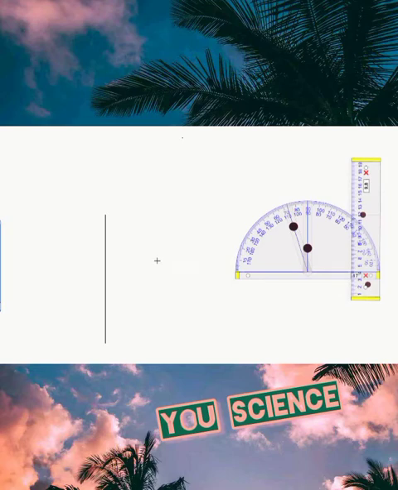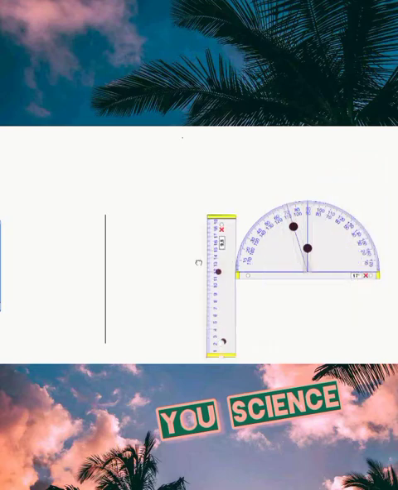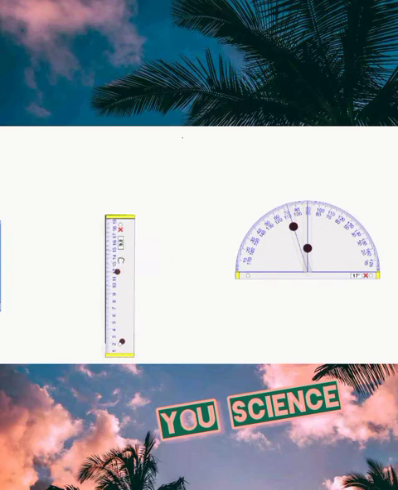So what we are going to do is to measure 10 cm on this line. Let's see if I can get 10 cm from this line. So from the bottom of the line, I have 10 cm.